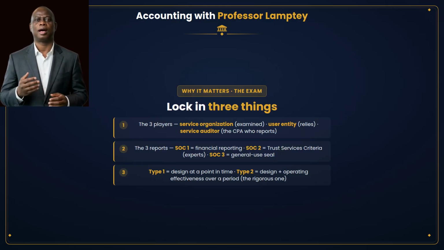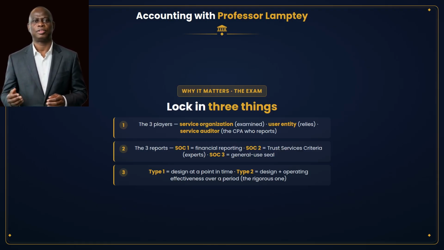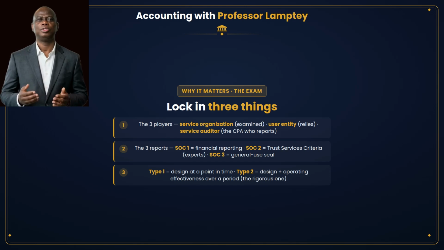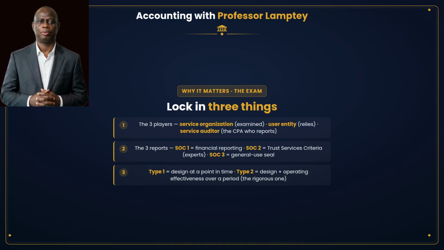For the exam, lock in 3 things. 1. The 3 players. The service organization is examined, the user entity relies, and the service auditor, a CPA, reports. 2. The 3 reports. SOC 1 is financial reporting controls. SOC 2 is the trust services criteria for knowledgeable parties, and SOC 3 is the general use public version. 3.